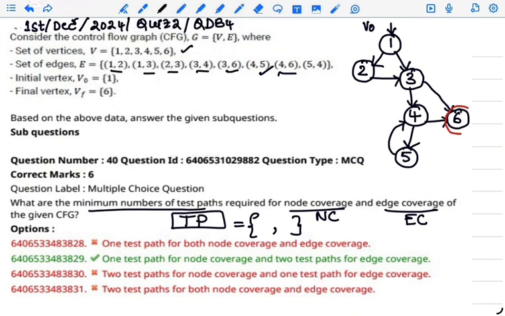So it is represented with double circles. So this is the control flow graph from the given set of vertices V and edges E.